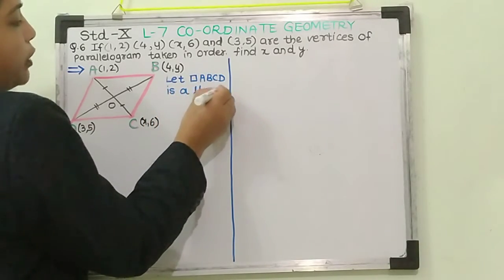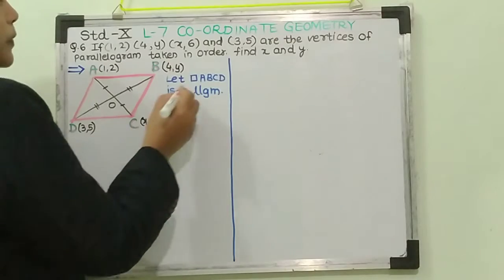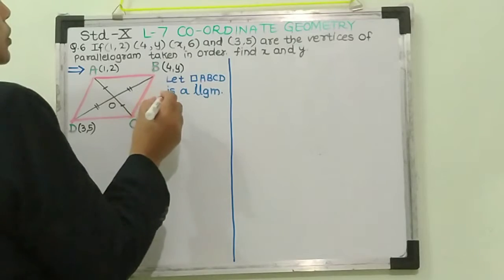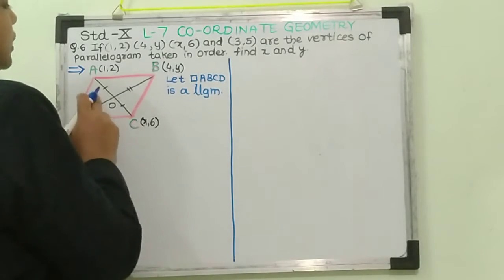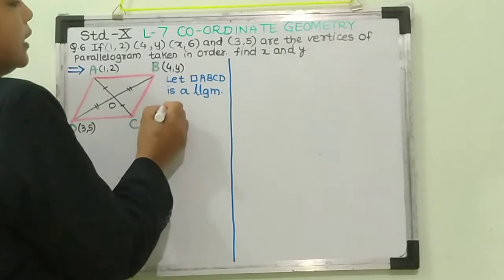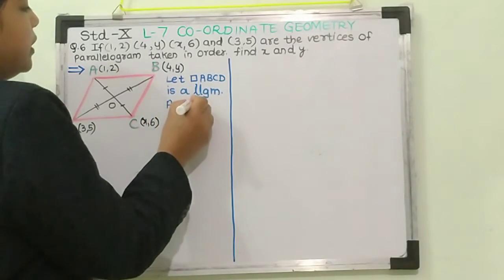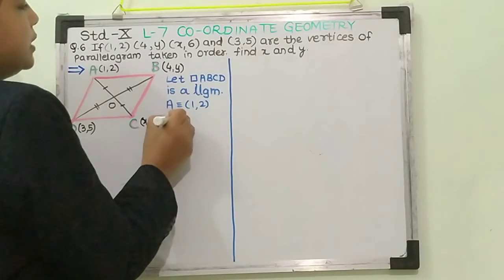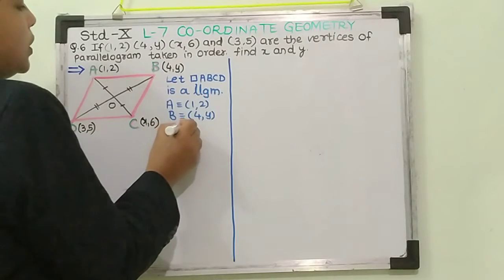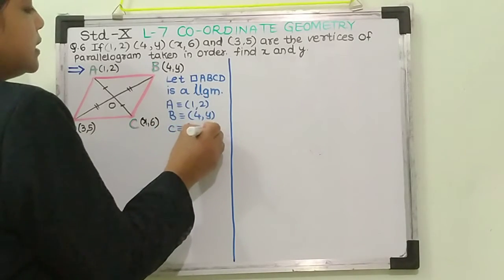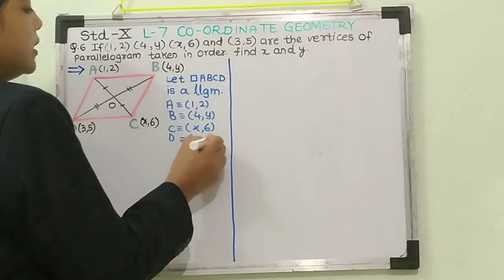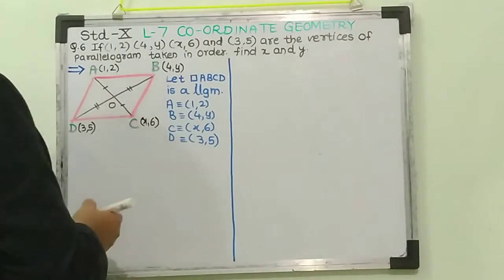It is the short form of parallelogram, parallelogram. Okay, so we know that here ABCD is a parallelogram. Then A's coordinates are given as (1, 2). B's coordinates we are going to take as (4, y). C's coordinates we are going to take as (x, 6). And D's coordinates we are going to take as (3, 5). It is given.